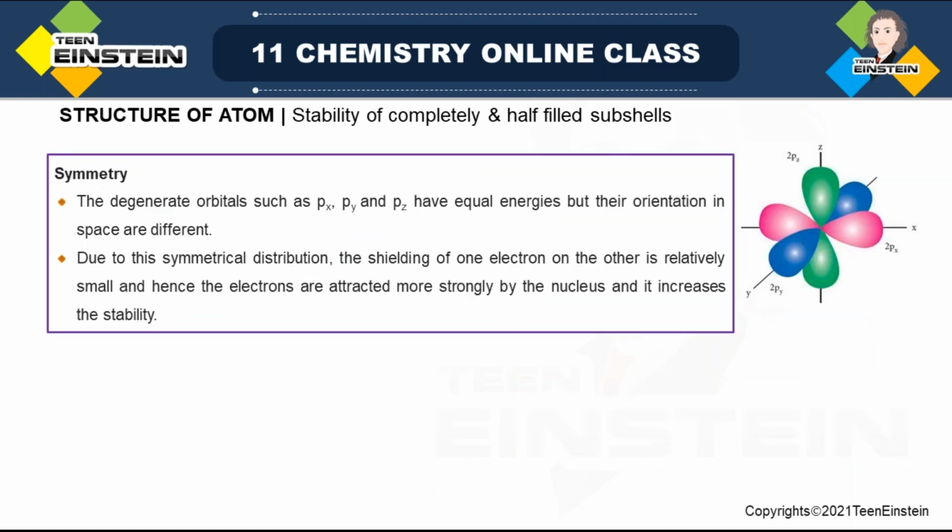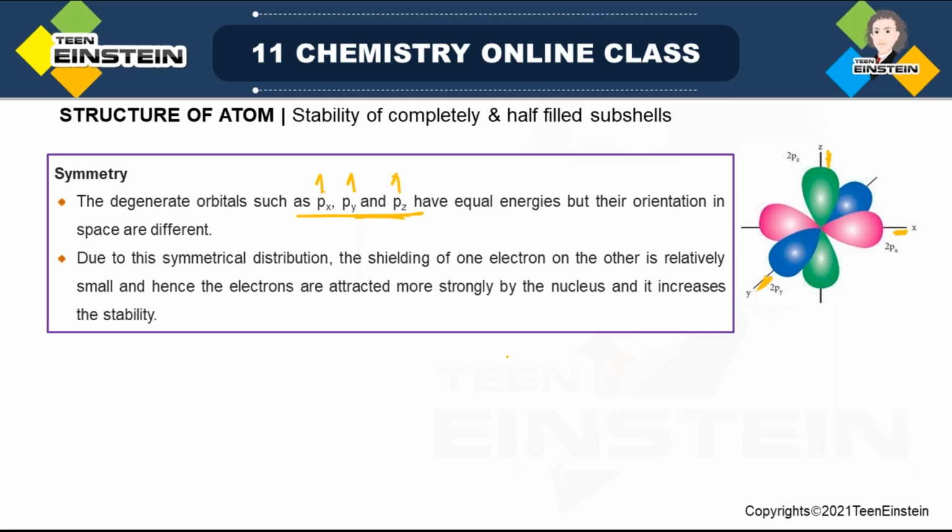The first reason is symmetry. Just take P. We know there are Px, Py, Pz. All of these orbitals are degenerate, having equal energy, but their orientation is different. Px is on the x-axis, Py on the y-axis, Pz on the z-axis.